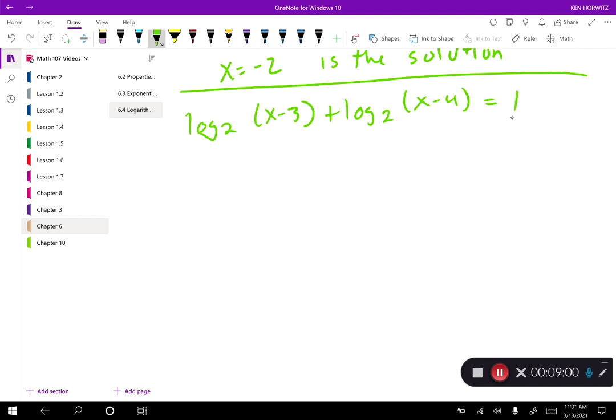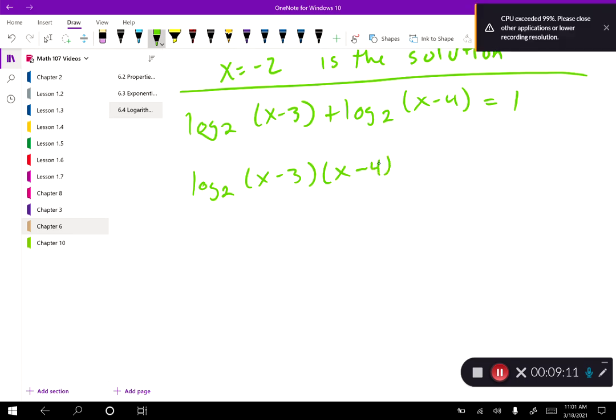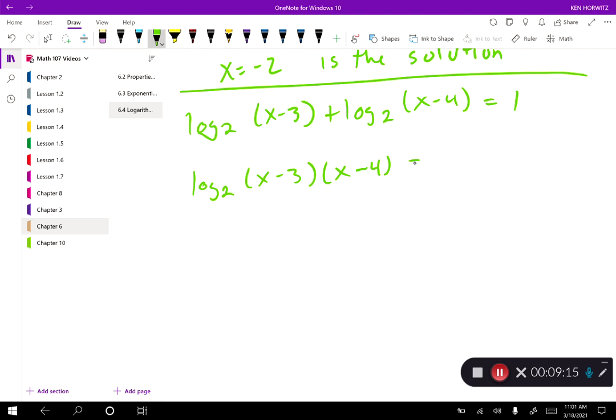I have 2 log expressions, so I'm going to combine them using the product property once again. So I have the log base 2 of x minus 3, x minus 4 equals 1. So that's 2 to the first equals x minus 3, x minus 4.